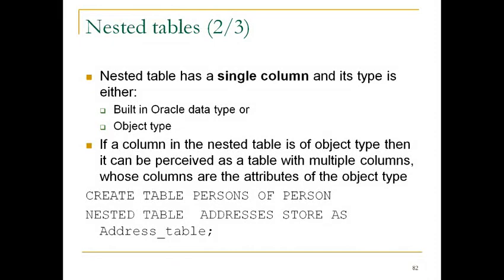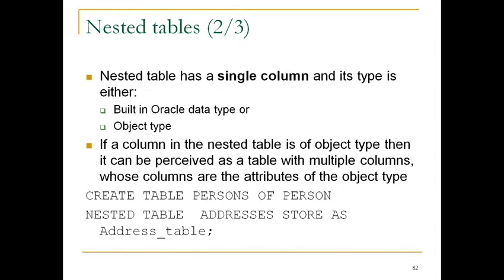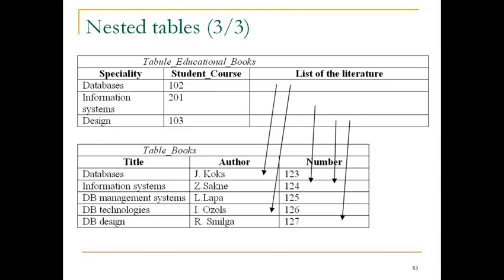So, for example, we can create a table of persons and include addresses as the nested table. How does it work? Okay, I'll tell you in detail with another example.